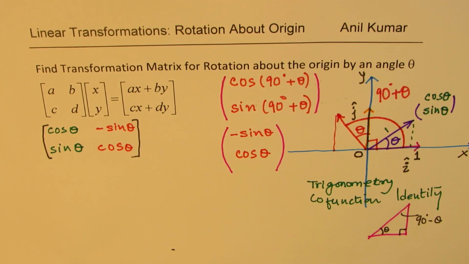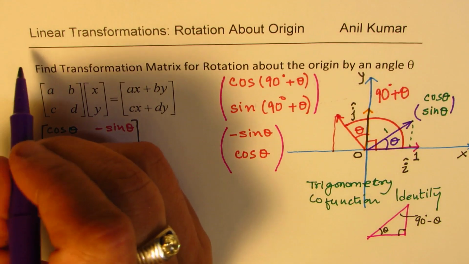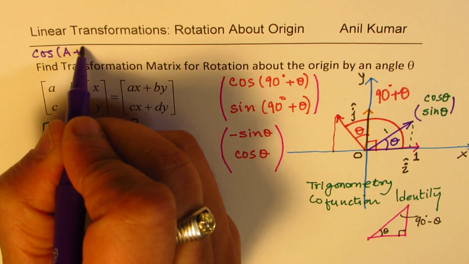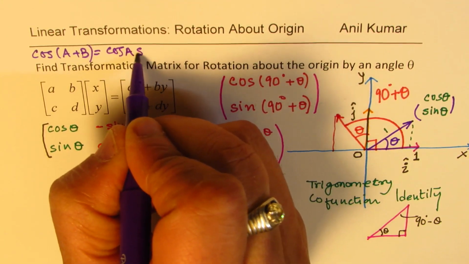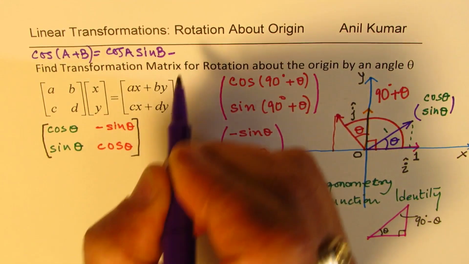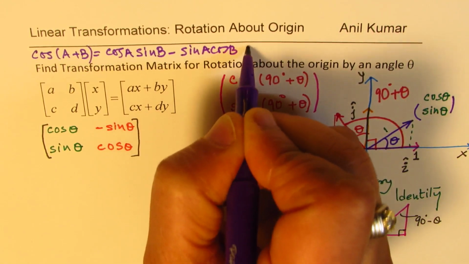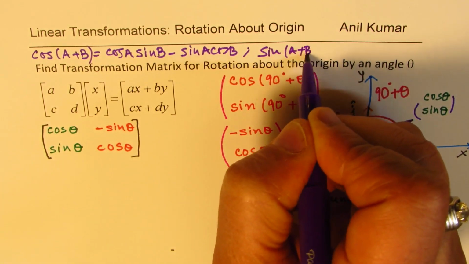Now, you will be reminded of the formulas which we use in trigonometry about the compound angles, right? So we have a formula which says cos of A plus B is what? Cos of A plus B is cos A cos B minus sine A sine B. And how about sine of A plus B?